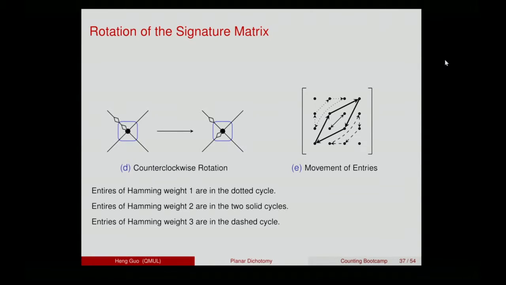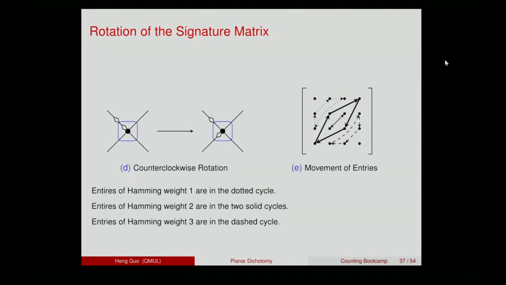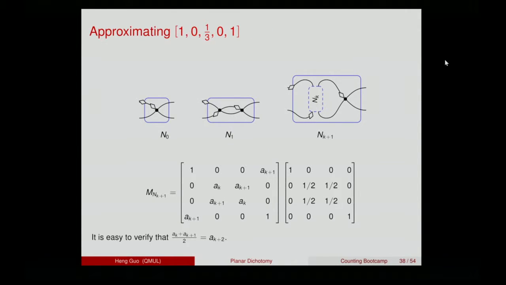The entries go along these cycles, and this is just a pictorial illustration. So in this construction, we do a rotation, then these entries go along these cycles, and we attach a new one, which is this half-half thing, and effectively this is just averaging the middle 2 columns.